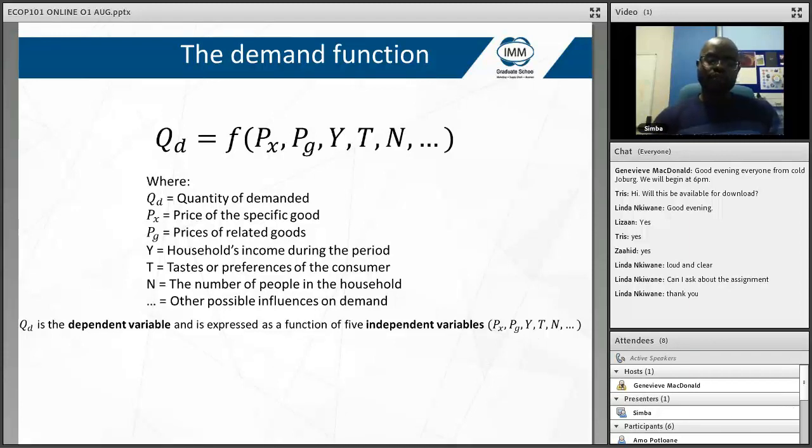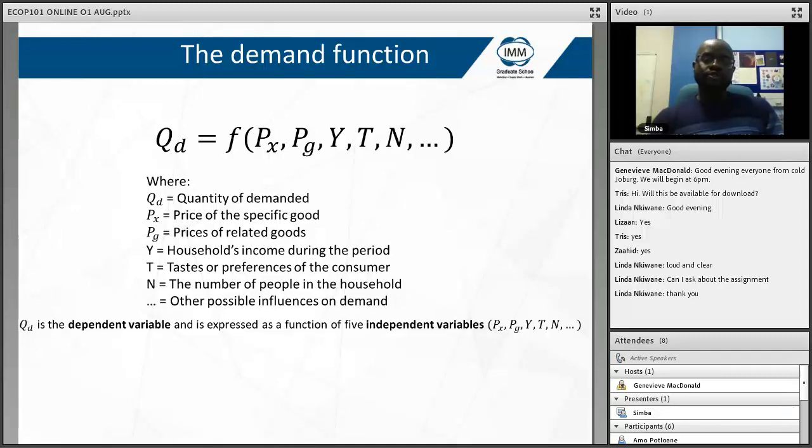If we have certain goods that we refer to as inferior goods, if the income increases, then people will start buying less of those. So we call them inferior goods. So with this one, the relationship now becomes an inverse or a negative relationship. But normally we assume that when income increases, demand should also increase. But that is for normal goods.